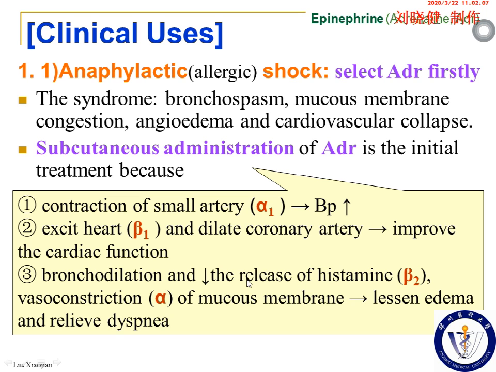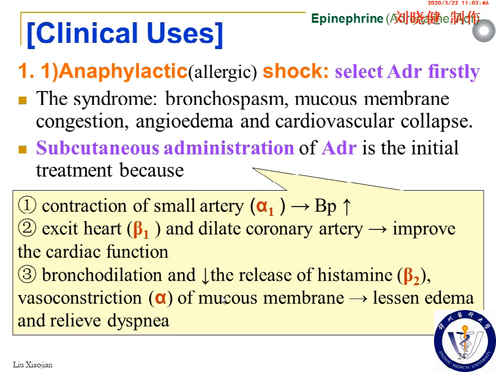So decreasing the release of histamine is very helpful to correct this pathophysiological process. And the alpha-1 receptor in the mucous membrane induces vasoconstriction, so it can lessen edema and relieve dyspnea. The patient has angioedema when they have this allergic shock. This effect caused by alpha-1 is really useful.